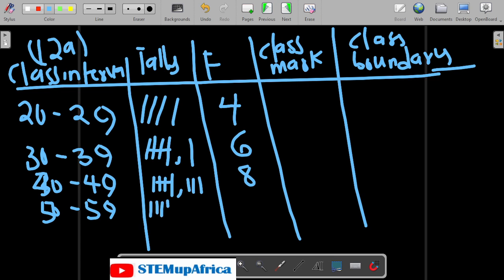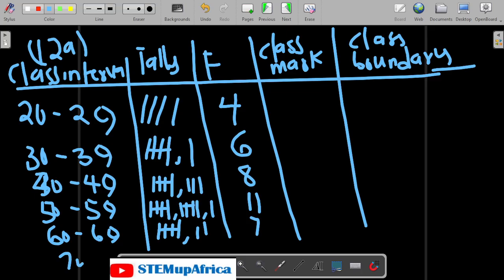Then 60 to 69: count that, you're going to have 7 numbers. We now have 70 to 79. If you count that, you have 4 numbers, 1, 2, 3, 4. We have 4.